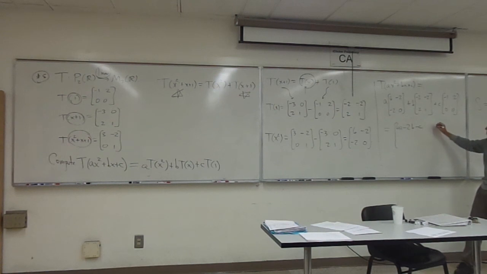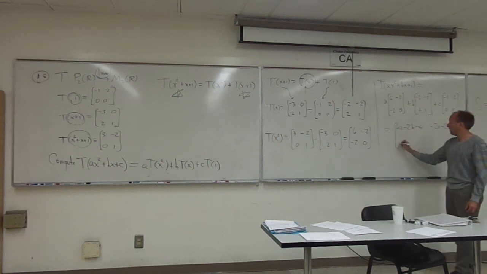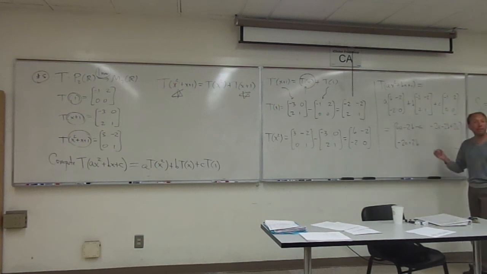The upper right corner would be what? Negative 2a minus 2b plus 2c. Good. The lower left corner would be what? Negative 2a plus 2b. That's it, right? Yeah. How about the lower right corner? Just b.